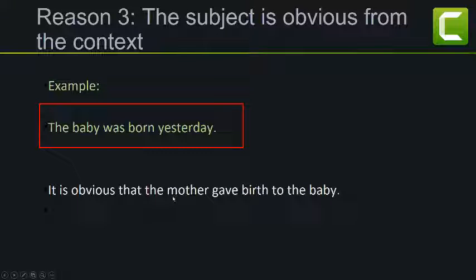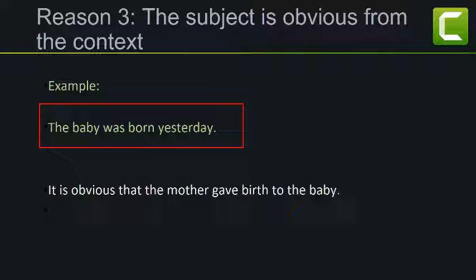The third reason, the subject is obvious from the context. For example, the baby was born yesterday. It's obvious that the mother gave birth to the baby.